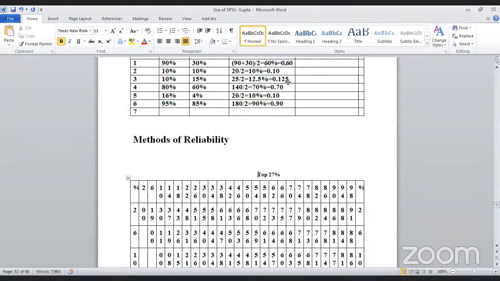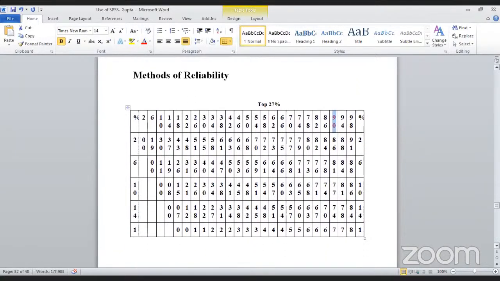Now, if you see your first item, it is 90%. So 90% is here. This is 90%. Then it is 30%. So let us see where is the 30%.